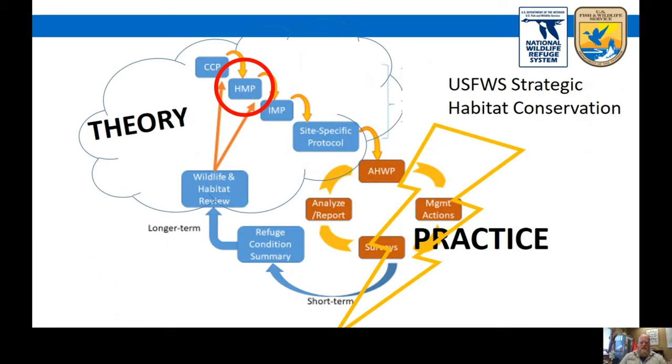To link the symposium theme of putting theory into practice, work through the theoretical cloud and planning process, like the Habitat Management Plan, or HMP there, circled in red, the process of step-down plans, and into the Habitat Management Actions phase, aka the practice, and back through time into the theory cloud, from theory to practice.